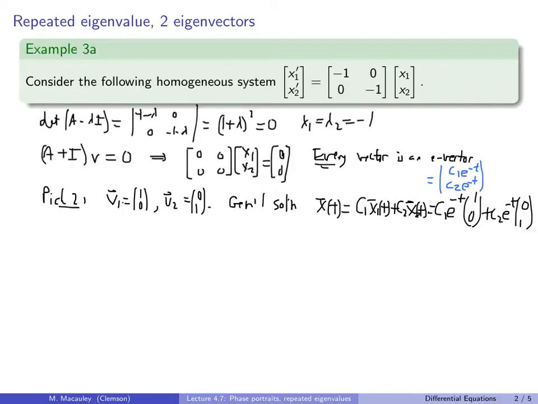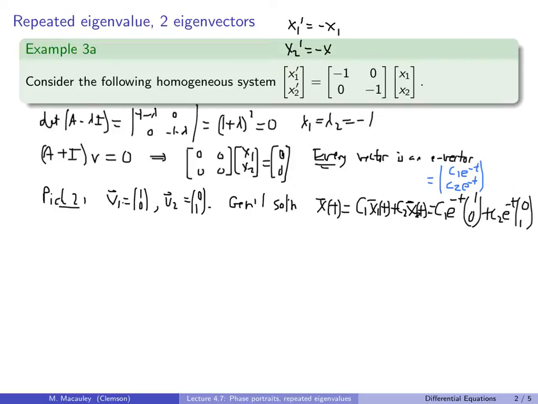Now one thing I should mention is that we could have solved this system the old way. It's technically a system, but it's something that we don't need our matrix analysis tricks for. This is really just x1 prime equals negative x1 and x2 prime equals negative x2.